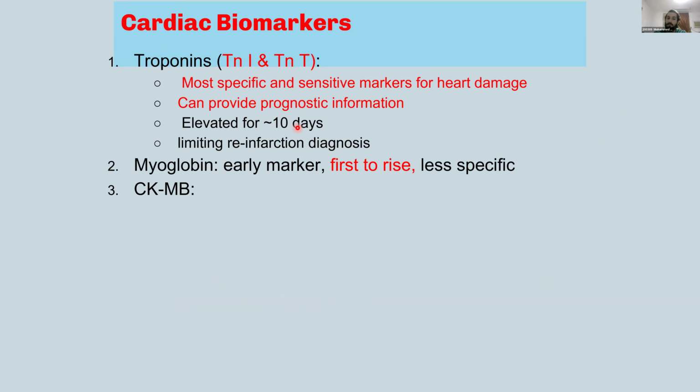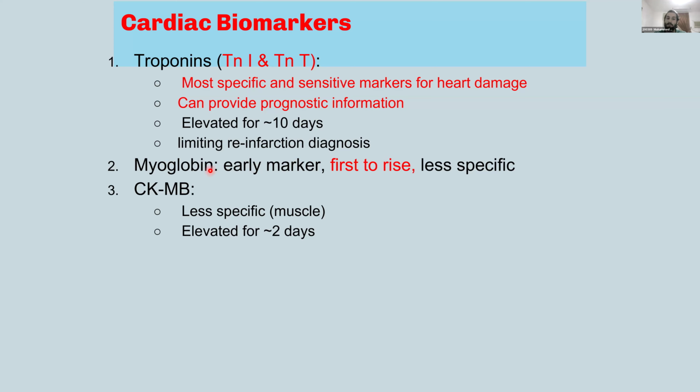Features of an ideal cardiac marker. Now, it says here limited re-infarction diagnosis. I'm going to explain why. Myoglobin is another cardiac marker, another protein, an early marker, first to rise. It rises immediately, within 1 to 2 hours.